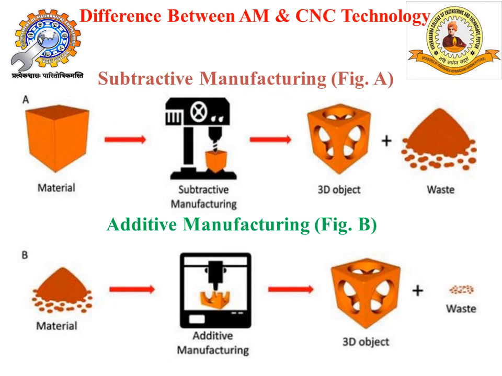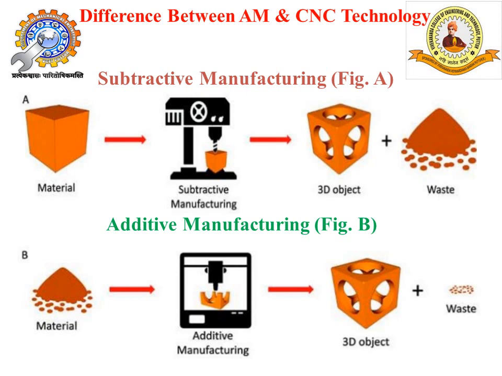Dear students, let us find the difference between additive manufacturing and CNC technology. In due course of your studies, we have been admitting the fact that additive manufacturing is a newer technology. Nevertheless, CNC is also a new technology for manufacturing. Let us make a comparison between additive manufacturing and CNC technology.